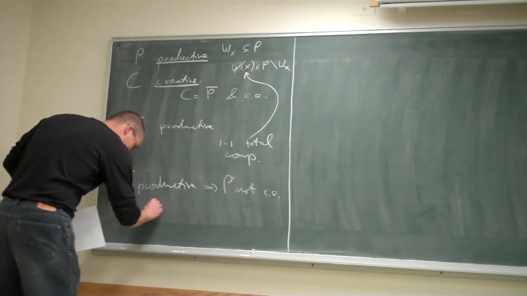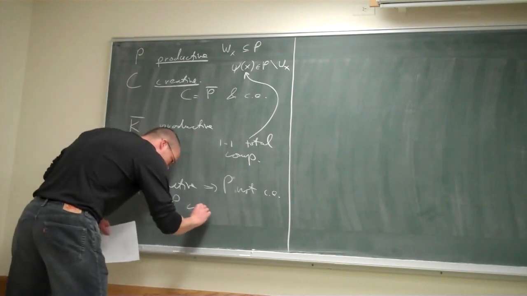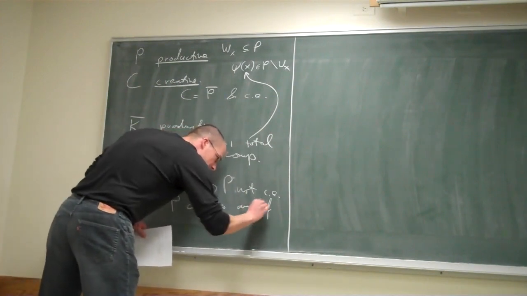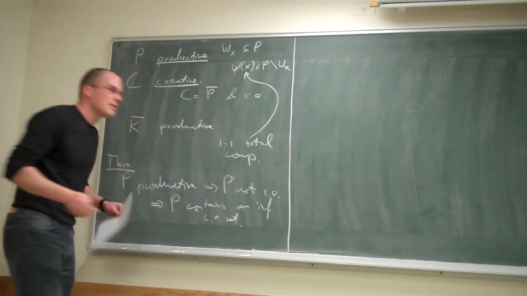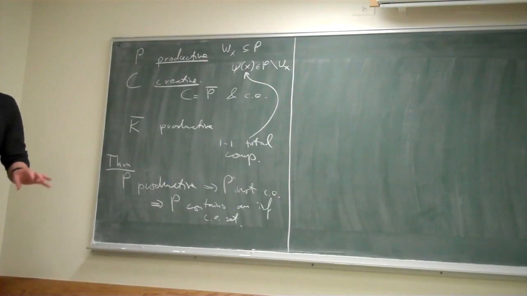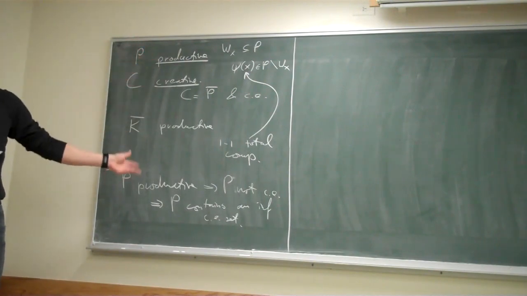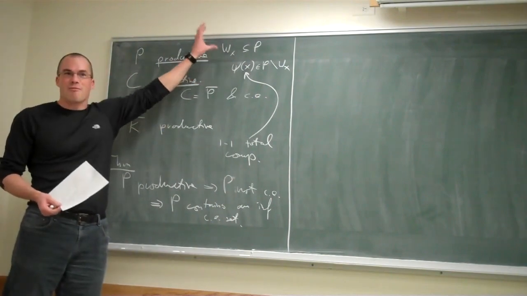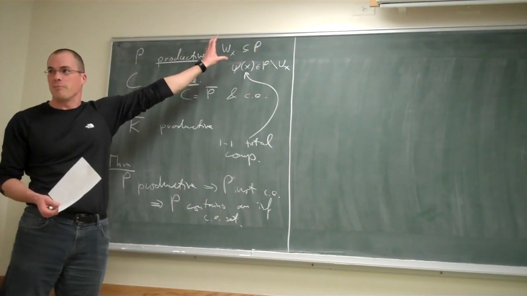If it is productive, then it is also the case that P contains infinite CE sets. So you're not productive because you just don't contain any Wx. This statement here is not a vacuous statement for a productive set. There are such CE sets contained in it.